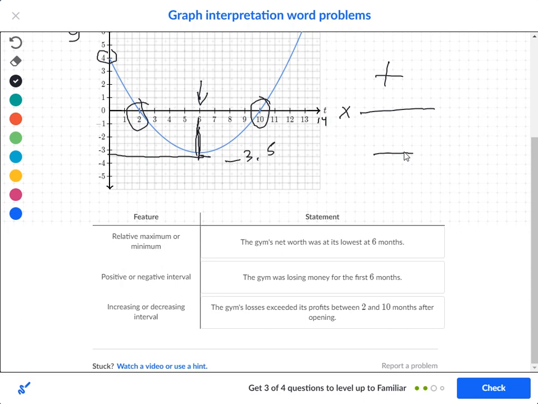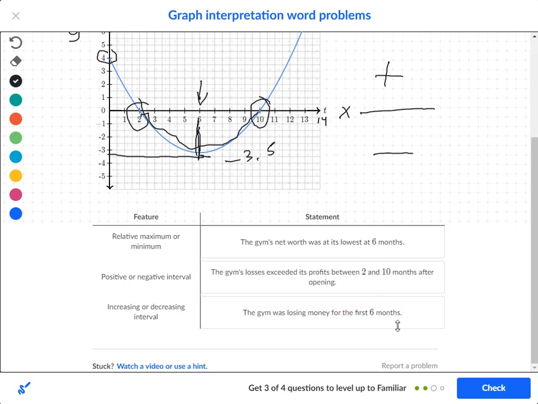So let's look at from 2 to 10. If you run this from 2 to 10, the entire interval is negative. So that would actually be a negative interval, because when you do positive or negative intervals, the whole section's got to be all in the positive or all in the negative.